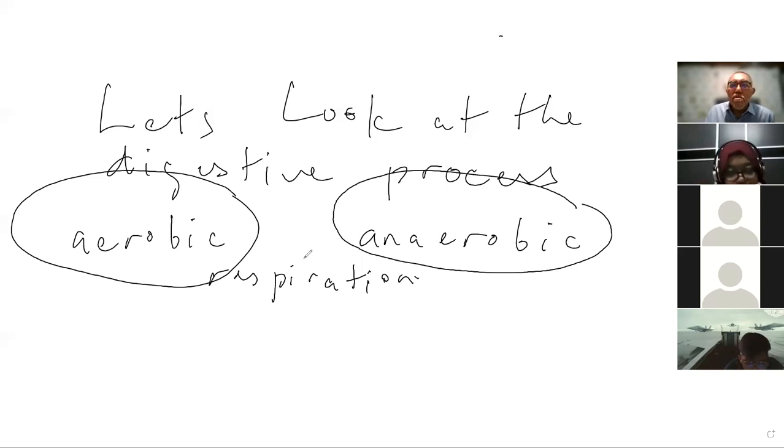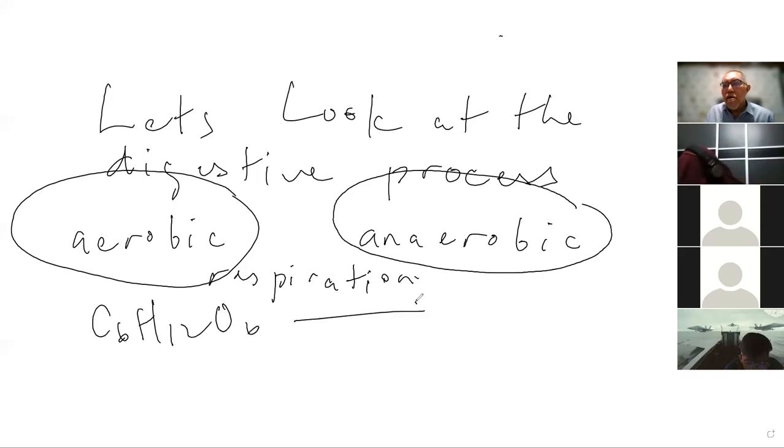Now, can we as human beings undergo anaerobic metabolism? Okay, what is metabolism? This is C6H12O6 converted into energy. Glucose, the simple form of carbohydrate, is glucose.